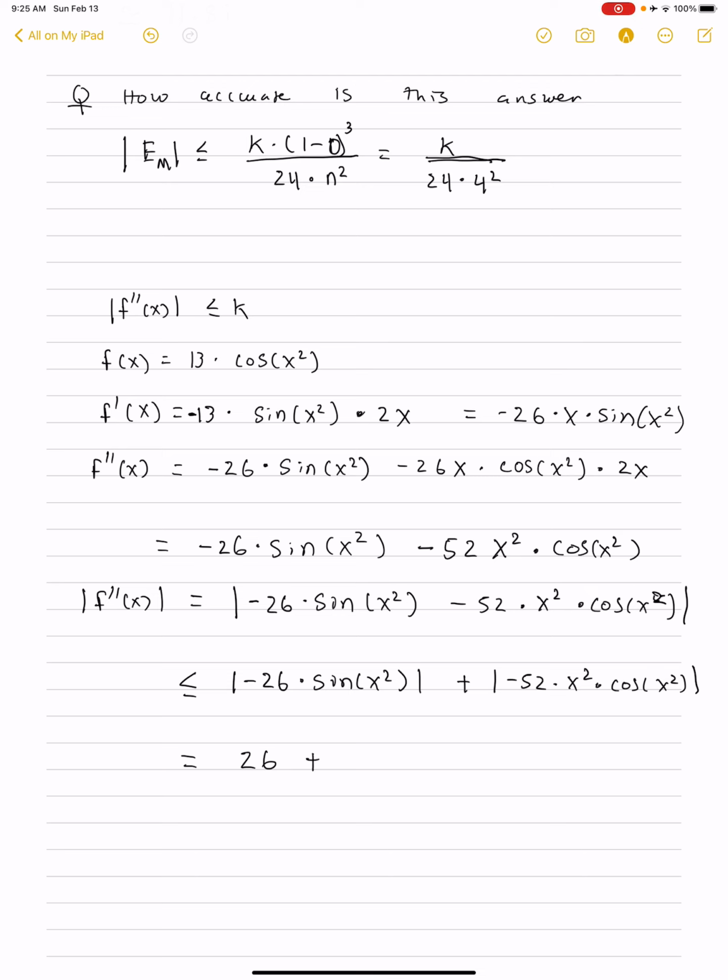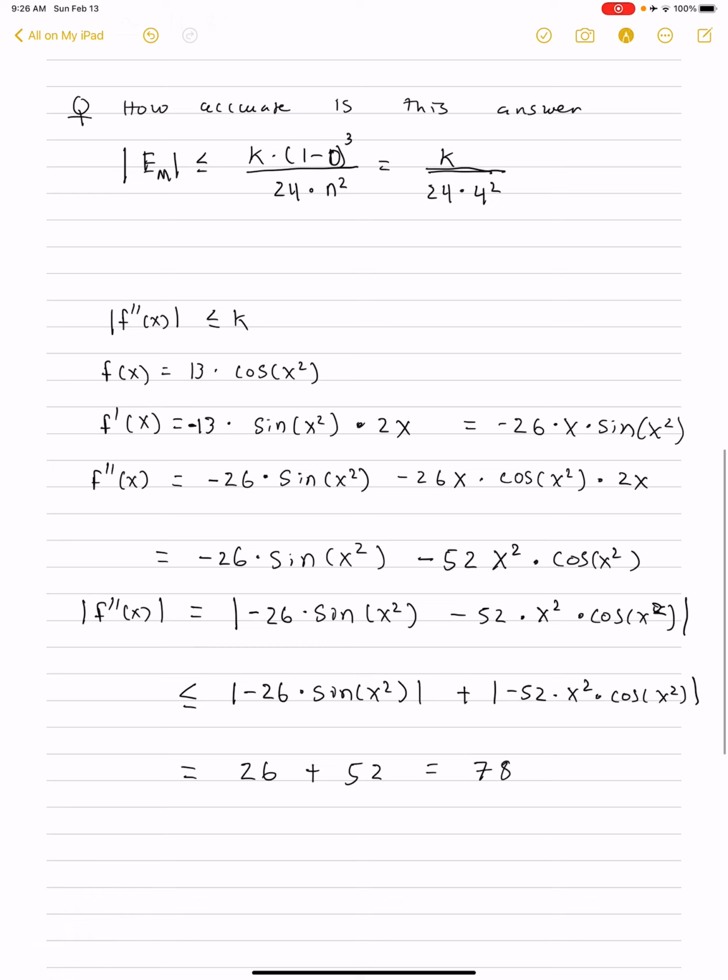For the next term, the largest x squared can be is 1 on the interval from 0 to 1, and likewise the largest cosine can be is 1. So why don't I do 52? So I'm going to have 78 as one possible upper bound.